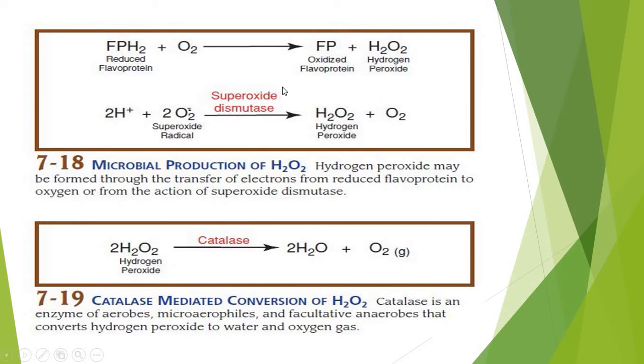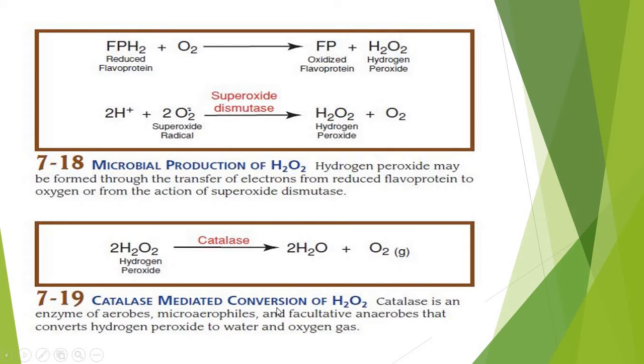In the presence of superoxide dismutase, formation of hydrogen peroxide takes place. In the other reaction, hydrogen peroxide is broken down into water and gaseous oxygen in the presence of the catalase enzyme.